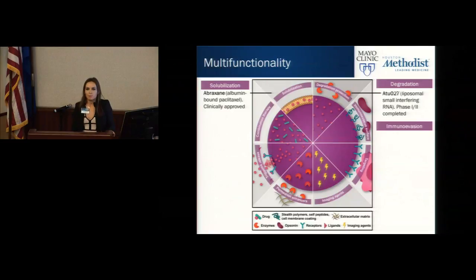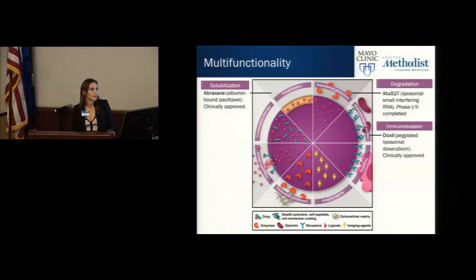The third example is immune evasion. So we can modify the surface of nanoparticles so that they are hidden from the immune system. And this is mostly done with various polymers. The one that is used a lot in the clinic is polyethylene glycol, so pegylation. And a clinically approved example is Doxil.